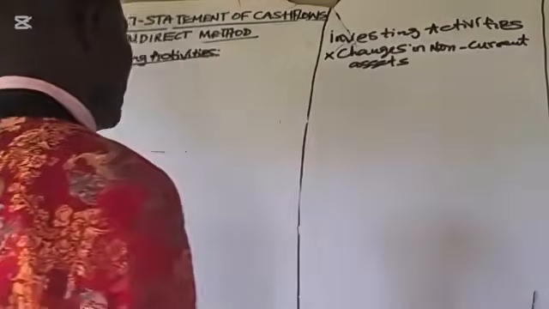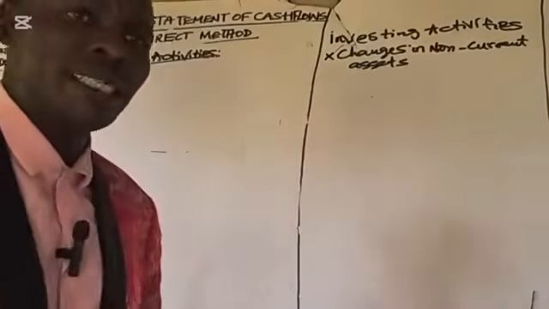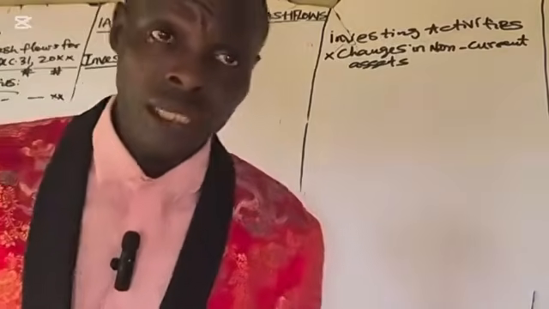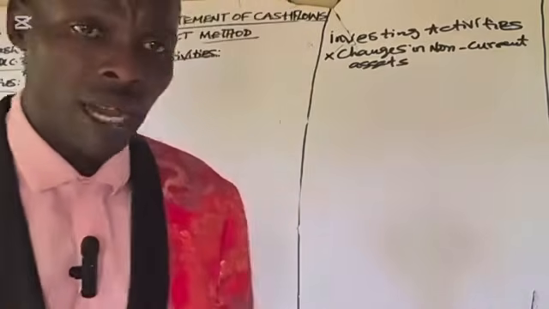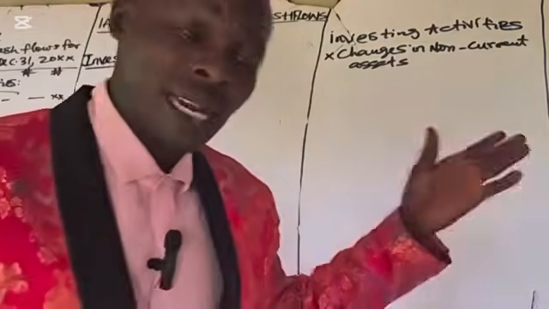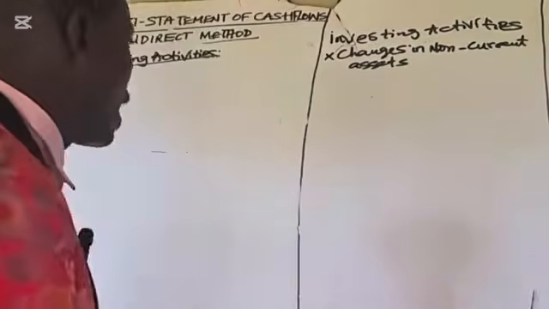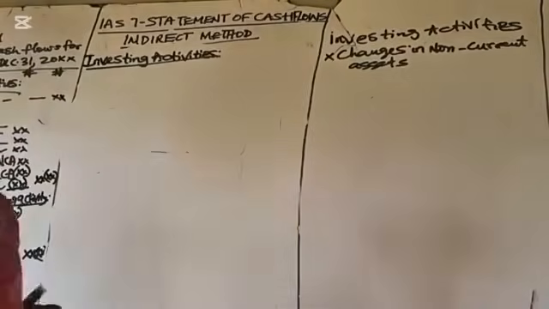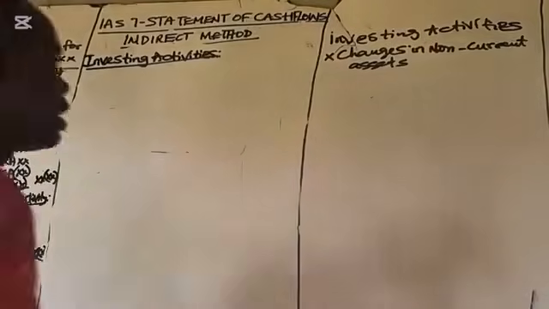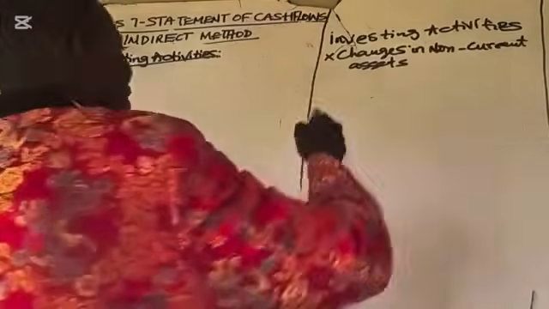Movement in the non-current assets. Remember, your non-current assets include property, plant, and equipment, intangible assets, and financial assets, and others. So now, investing activities. I've told you you should always check the movement in non-current assets.